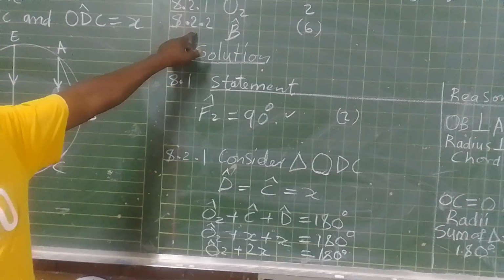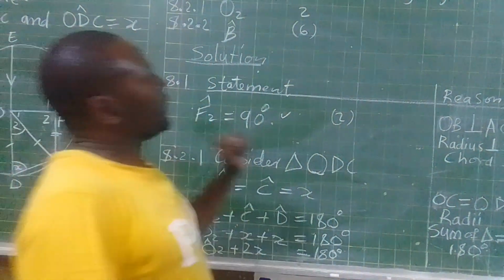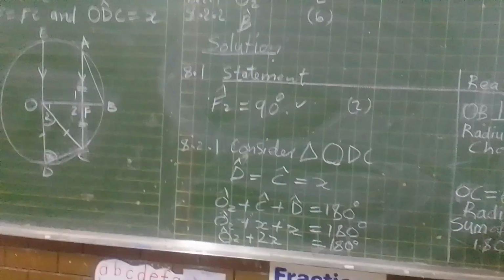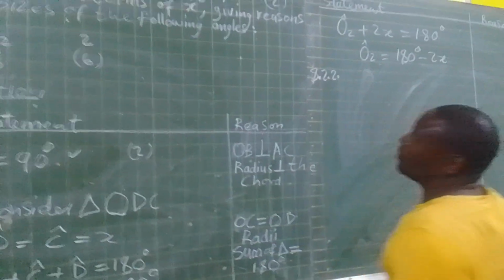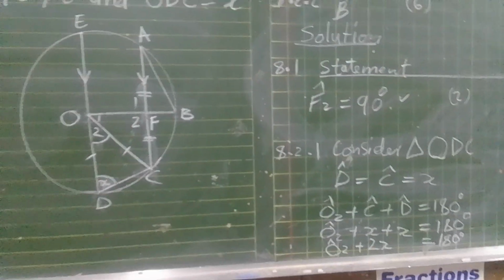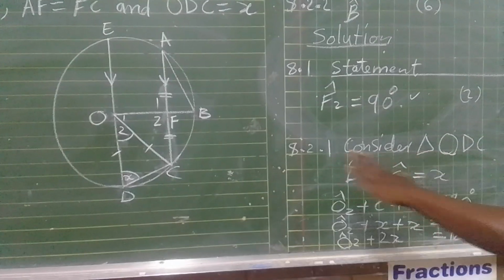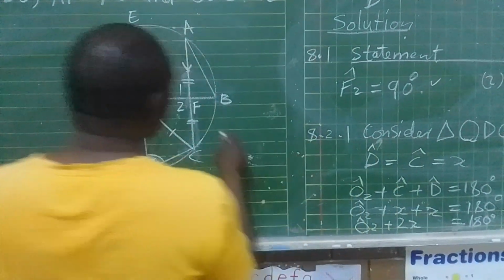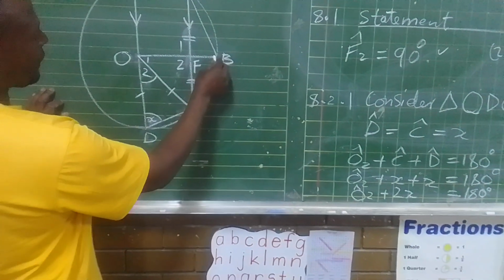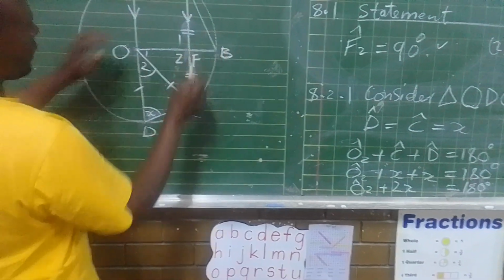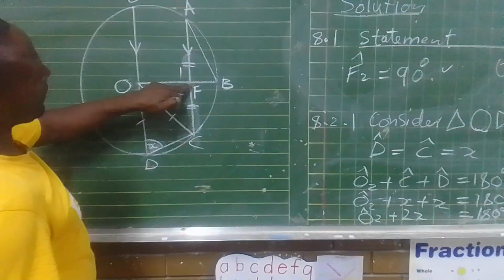Now 8.2.2 for B. We must express B in terms of X as well by giving all the reasons. We come here, we want B. If you look at B, B is right here. B is in triangle AFB.